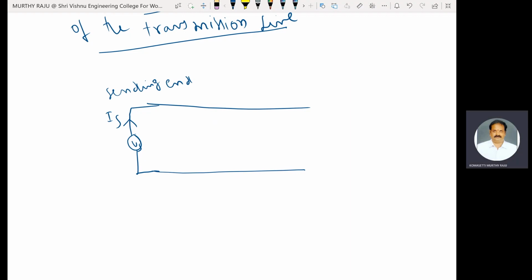H is the magnetic field intensity. E is the electric field intensity. ZL is the load impedance.